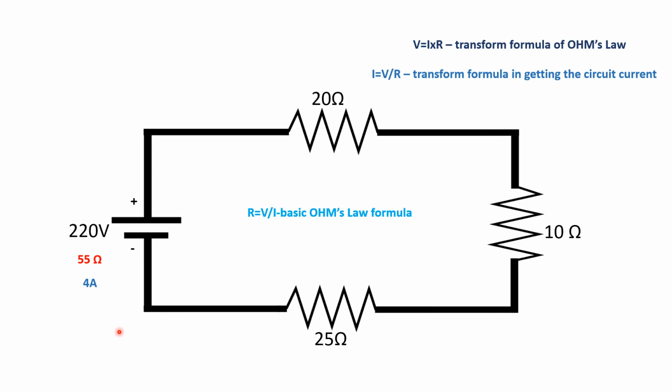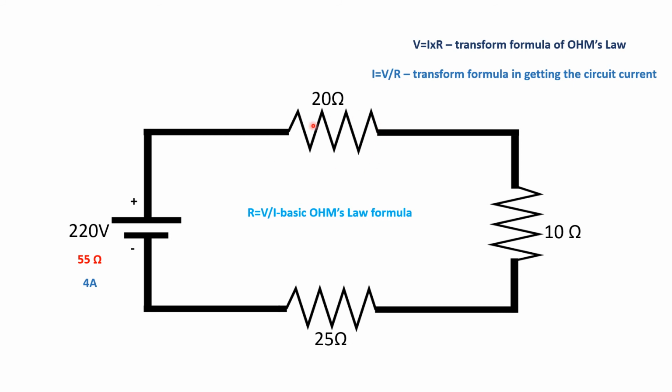Now we know what the current is at all points in this circuit. In this resistor, the current is 4 amperes. Here we also have 4 amperes, and here we also have 4 amperes.